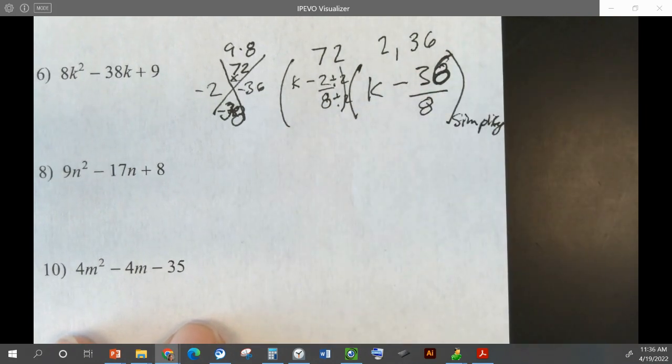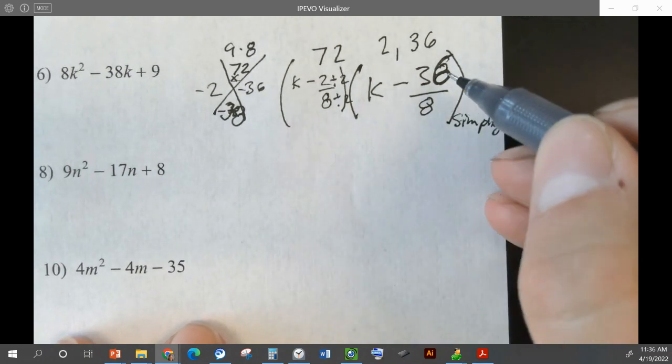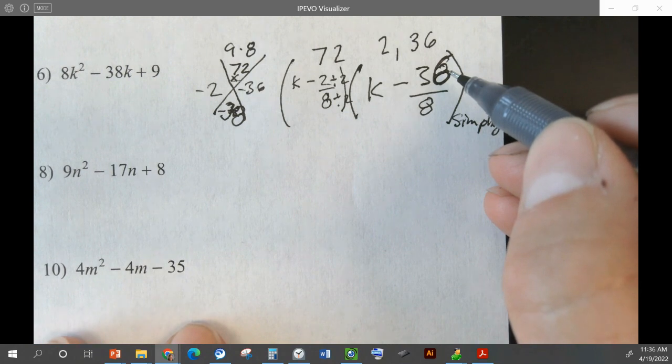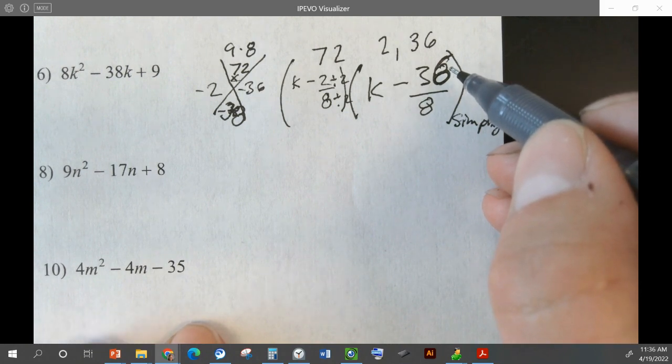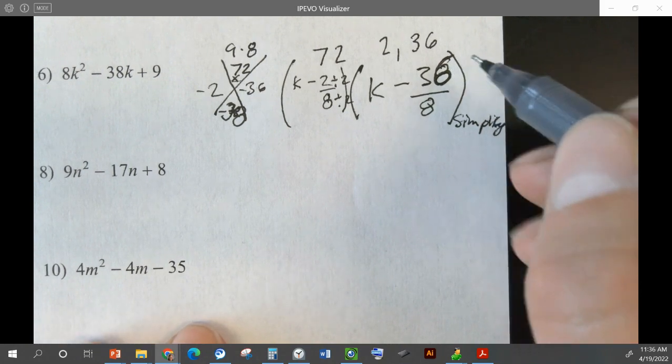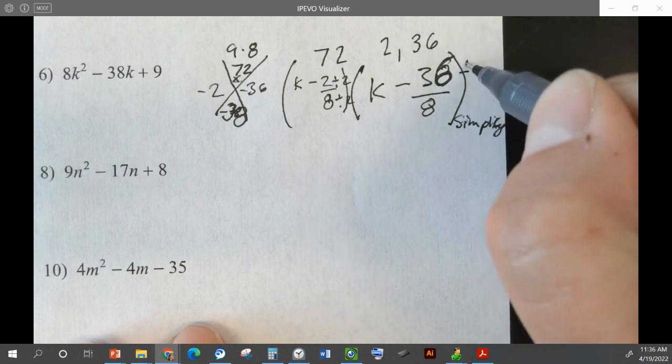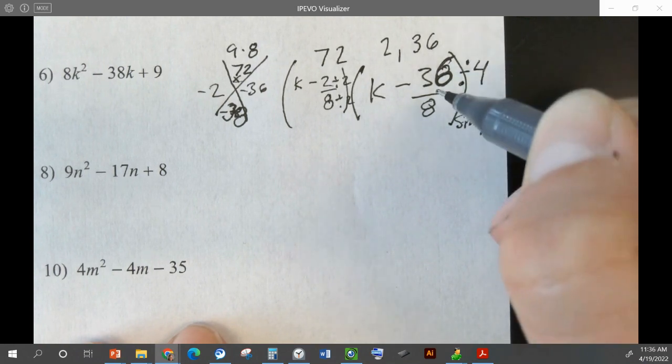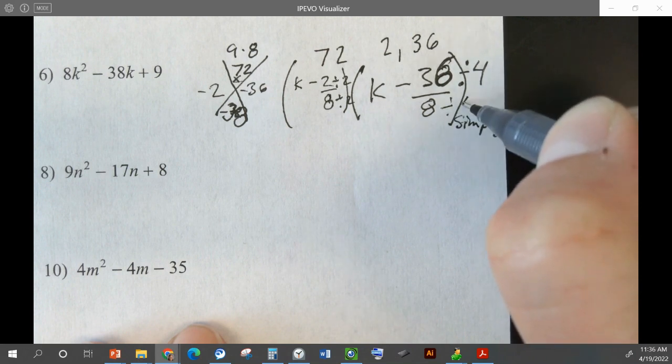And does 36 go into 8? Or does 8 go into 36? No. Okay, so let's see. Let's divide both of these by 4. I can divide 36 by 4, and I can divide 8 by 4.